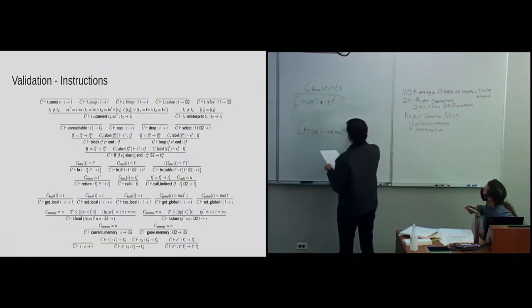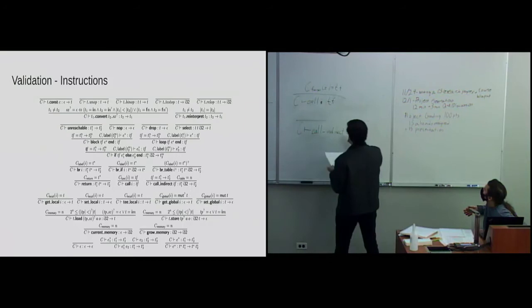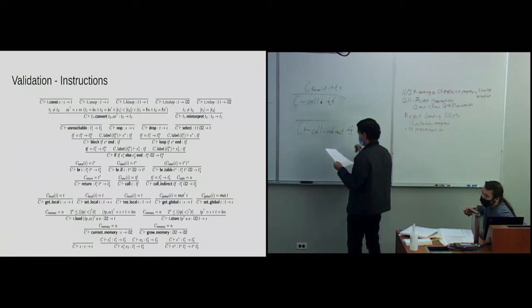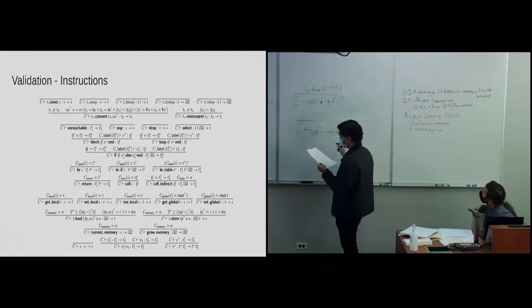call indirect takes in the function type that you're expecting it to be. This is a static argument, but it also takes one runtime argument on the stack, for the index of the function from the function table that you're trying to indirectly call.